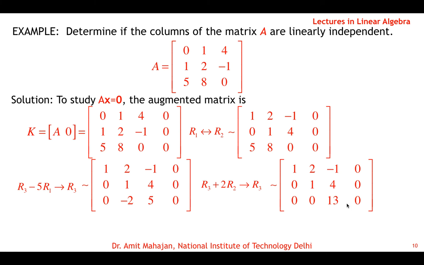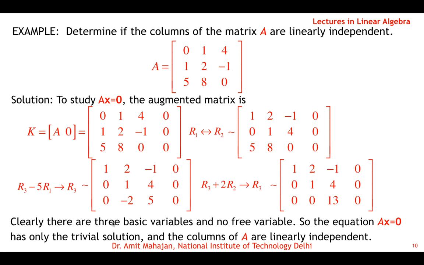So now it is in echelon form. You can clearly see there is a leading element in each row, including the third row. So these three are our pivot positions. The first, second, and third columns are pivot columns. So every column of matrix A is a pivot column, and clearly this set is linearly independent. The columns of matrix A are linearly independent.